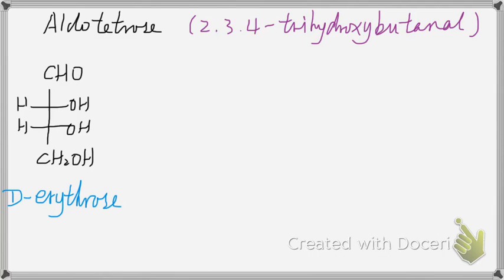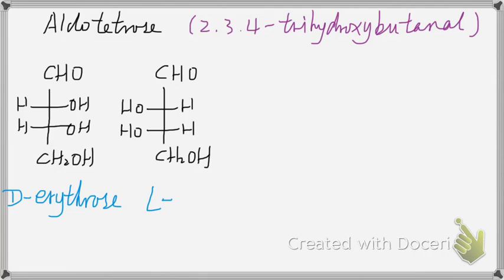The structure shown here is the D-erythrose. In D-erythrose, carbon 2 and 3 are chiral, and the OH groups will be on the right-hand side in the Fischer projection. Its enantiomer, its mirror image, will be called the L-erythrose.